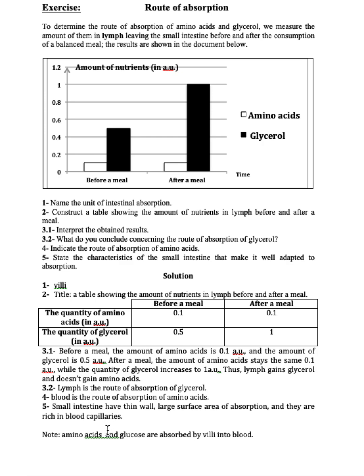And the route of absorption of fatty acids and glycerol: they are absorbed by villi into lymph. So you have to focus on the difference between the route of absorption of fatty acids and glycerol, and amino acids and glucose. It's very important to know this difference.